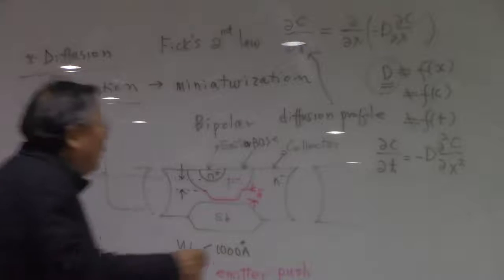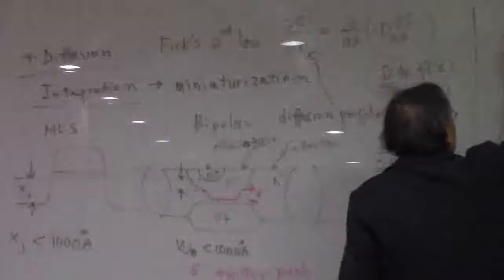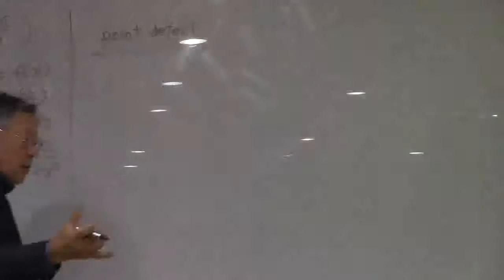So this kind of feature is very important for the ULSI. So that's why we have to talk about the diffusion, and then we start out with a point defect, because this point defect is a critical parameter. The concentration of a point defect is a critical parameter for the diffusion process.